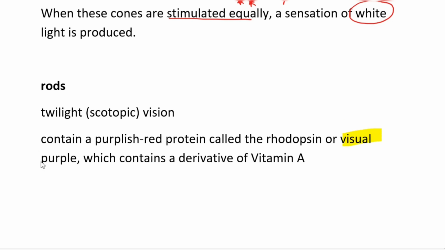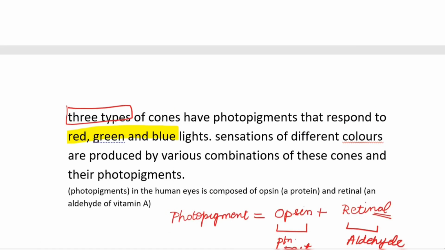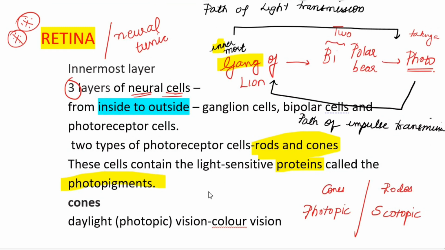Next are the rods, which help in twilight or scotopic vision, which is during darkness, because rod cells contain a purplish red protein called rhodopsin or visual purple. Cones contain a pigment called visual violet, and rods contain visual purple.